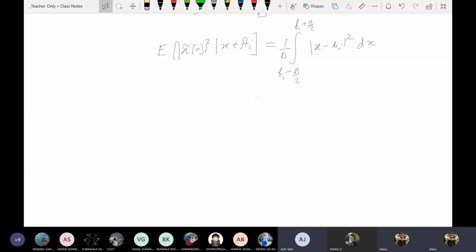Great. Now if we subtract bi from everything, nothing will change. Let's say I say q equals x minus bi. Nothing will change. 1 upon delta, integral from minus delta by 2 to delta by 2 of q square dq. Fine.